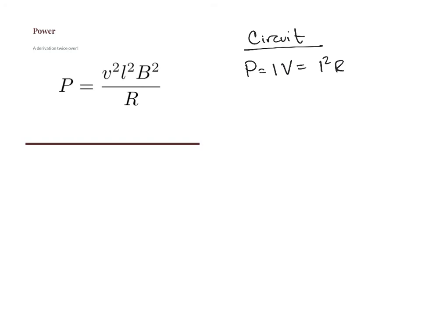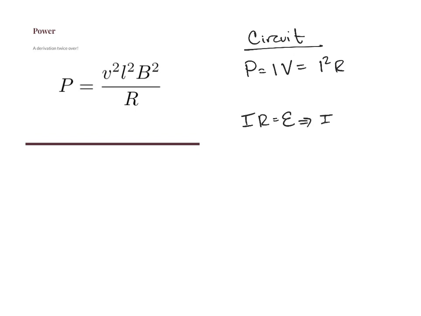Now we had induced a current on the circuit. So say you've got a circuit moving through a field. The induced current, we said, is equal to, or well, you could say IR equals the EMF.